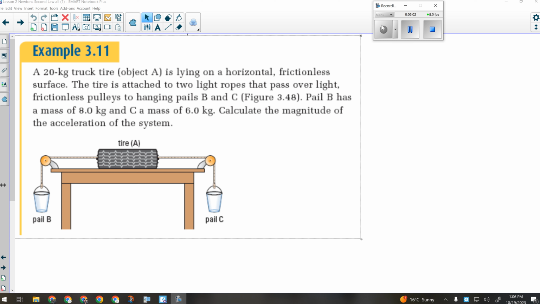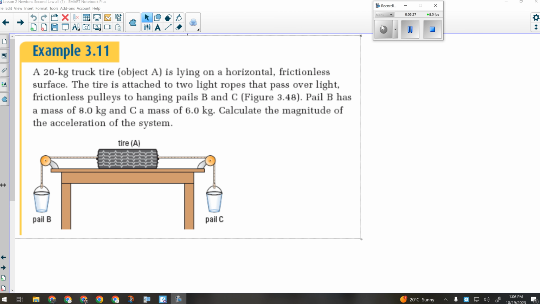So for this question, we need to identify our forces. First, it tells us that they are light ropes. That means they have no mass, which we know is physically impossible, but we're just going to say that. Otherwise, we'd have to add the mass of the ropes to the mass of the system. It's also on a horizontal frictionless surface, so there's no friction on the tire or the pulleys.